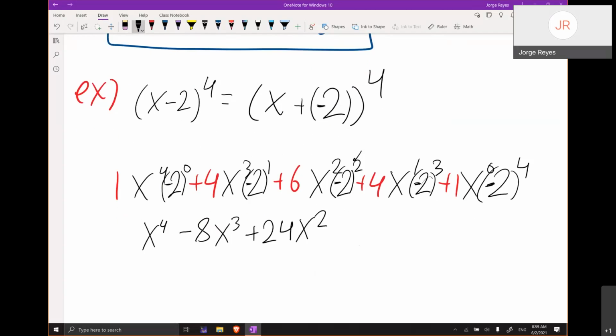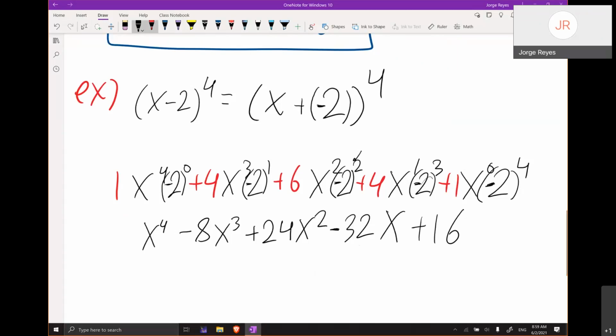But then negative 2 cubed is negative 8. And then negative 8 times 4 is going to get you negative 32 x. And then lastly, 2 to the 4th power, that's just 16.